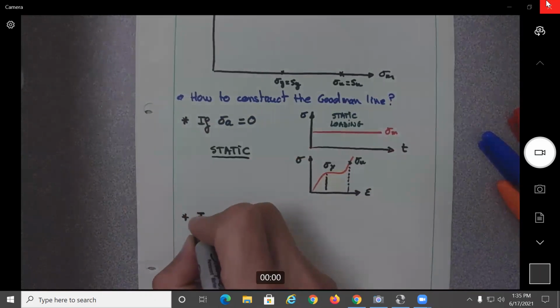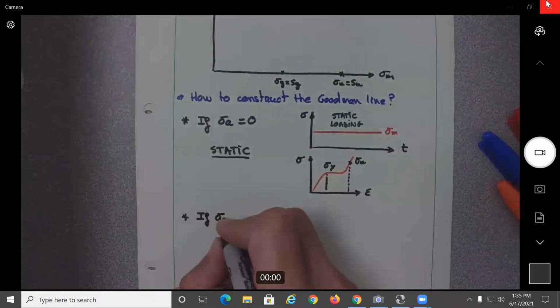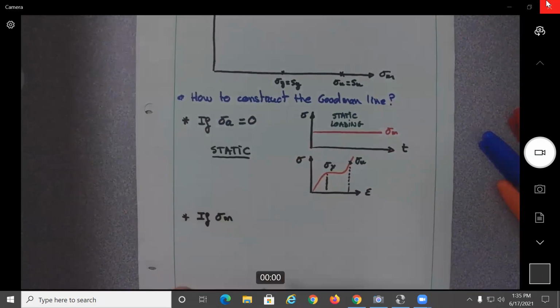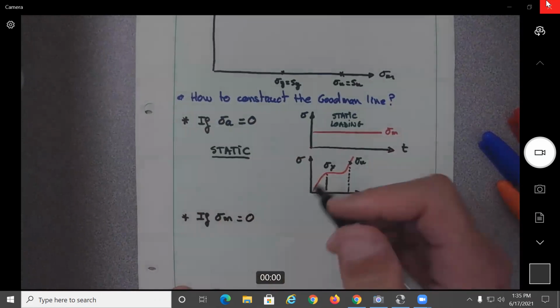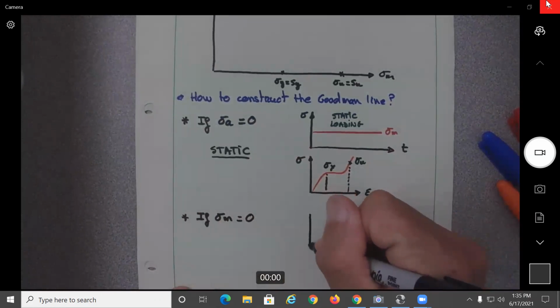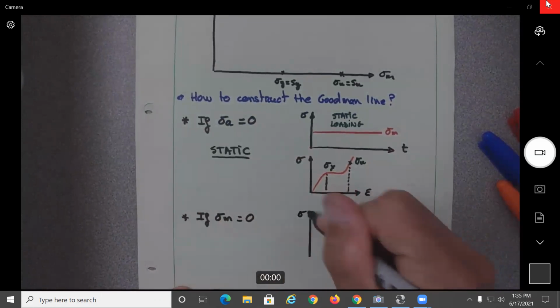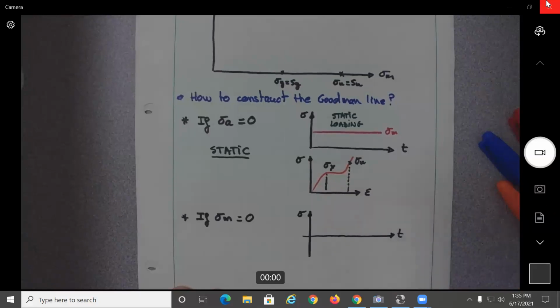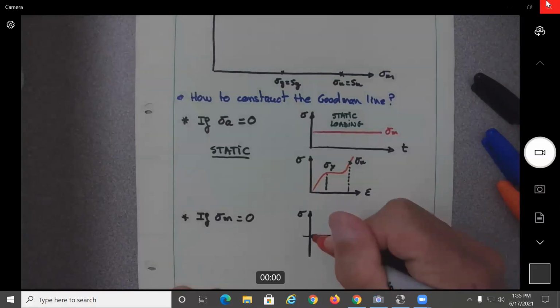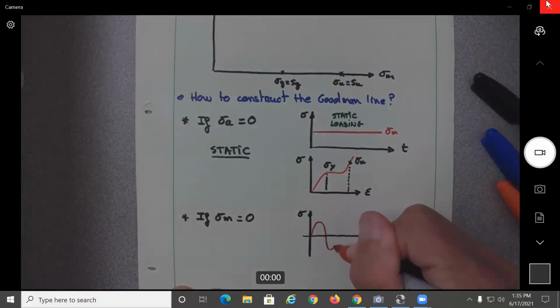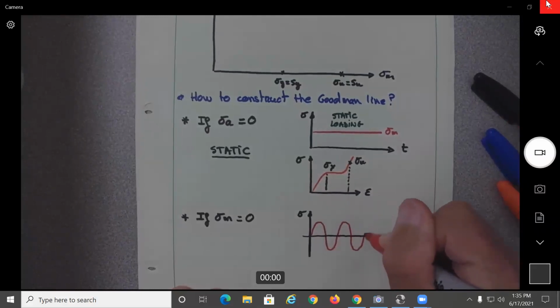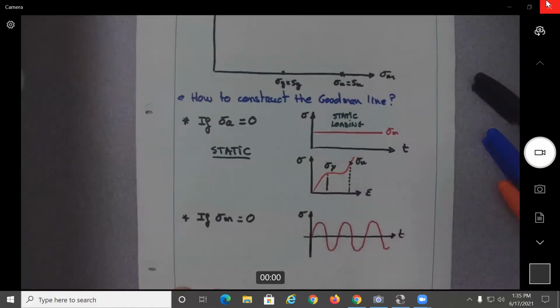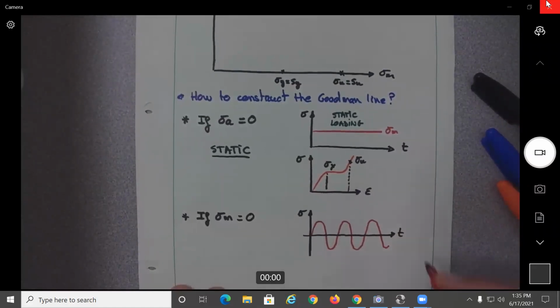Now, what happens if actually the mid-range value is 0? So that means what? That now we will be left with the fully reversed case. Okay, this will be the fully reversed.